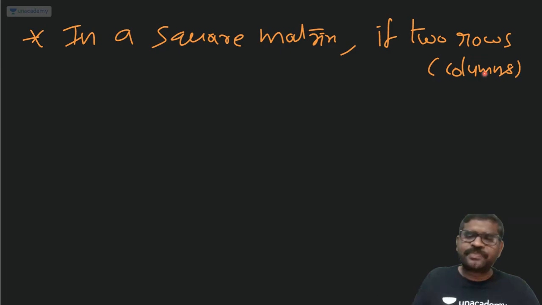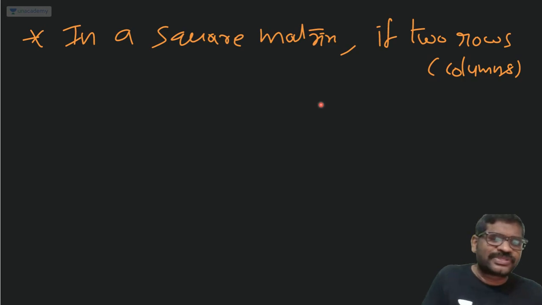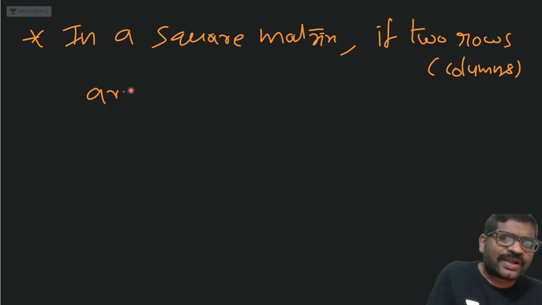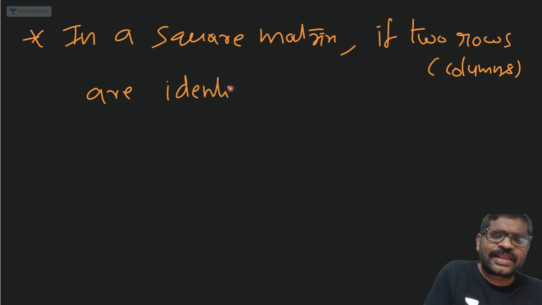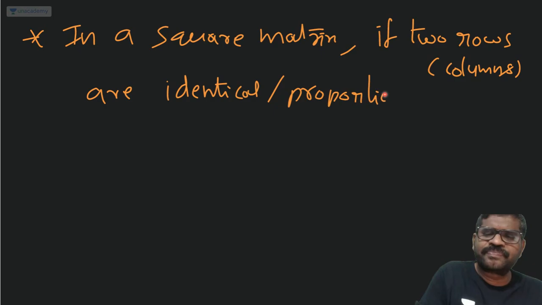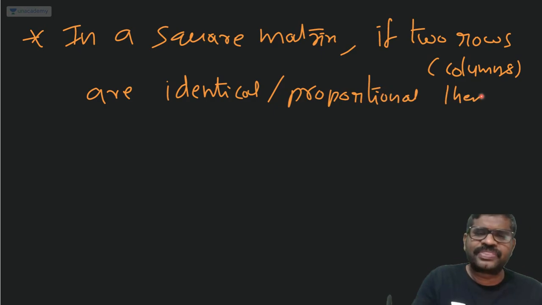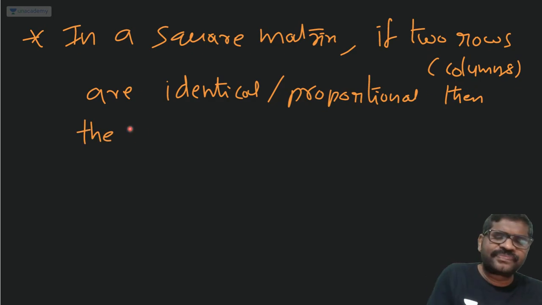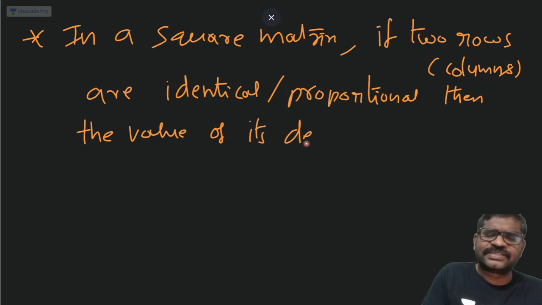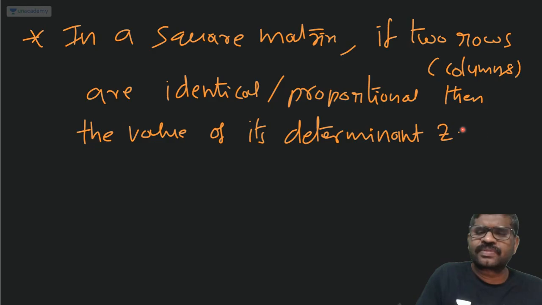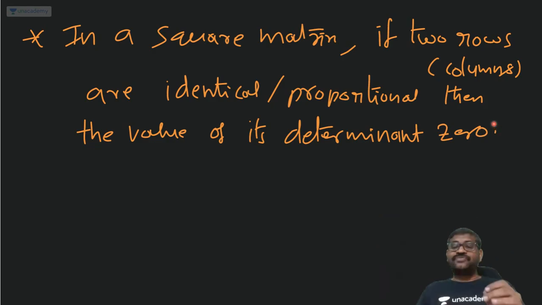Now, if two rows or two columns in a square matrix are identical or proportional, then the value of its determinant is 0.